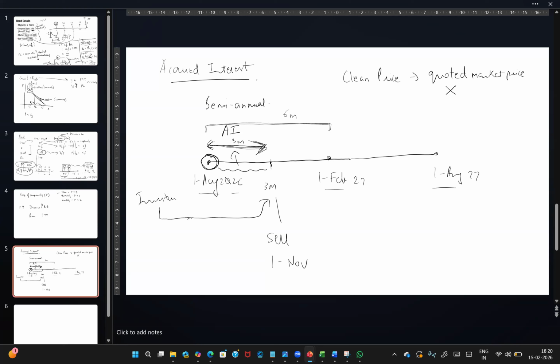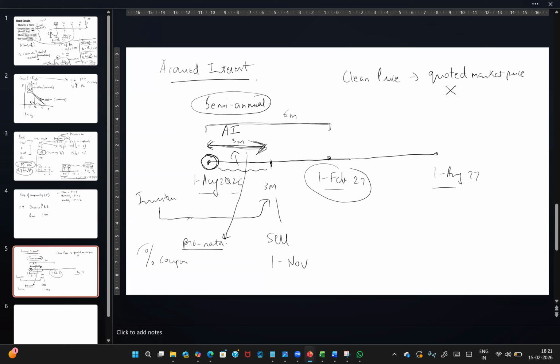So I'm liable to get a fraction of the semi-annual coupon. Actually, the coupon will only be distributed on 1st Feb, but since I'm selling the bond, I'm liable to get this accrued interest because I've held the bond for 3 months. And it will be pro rata based on how much period I hold it for.